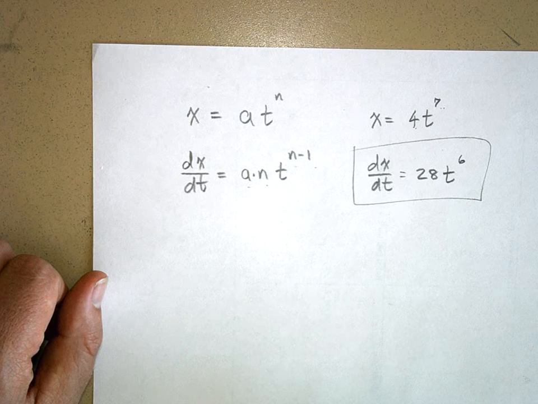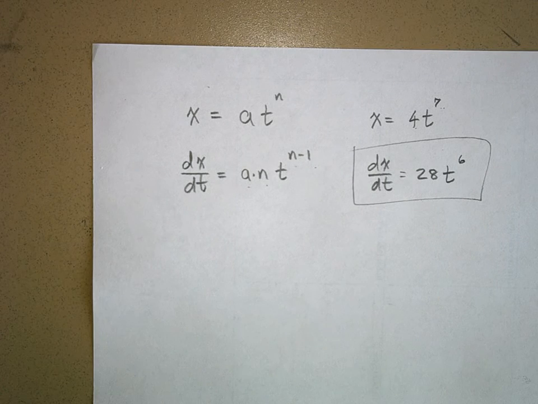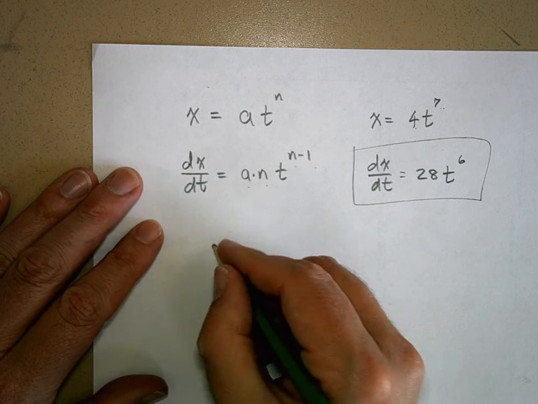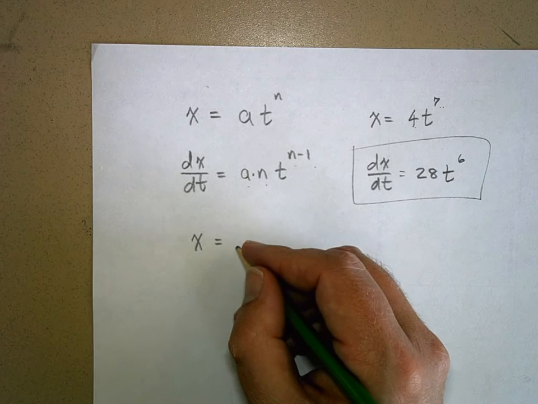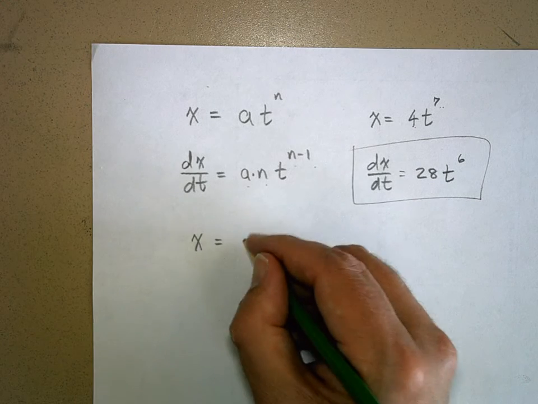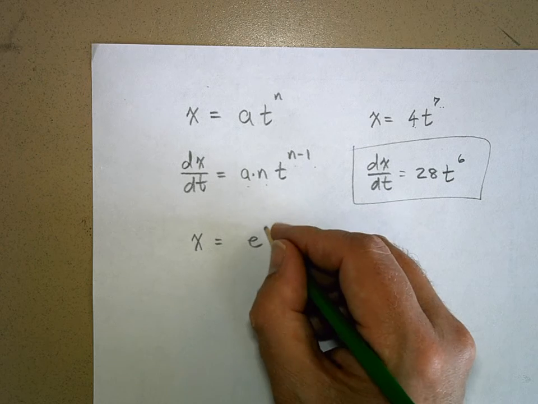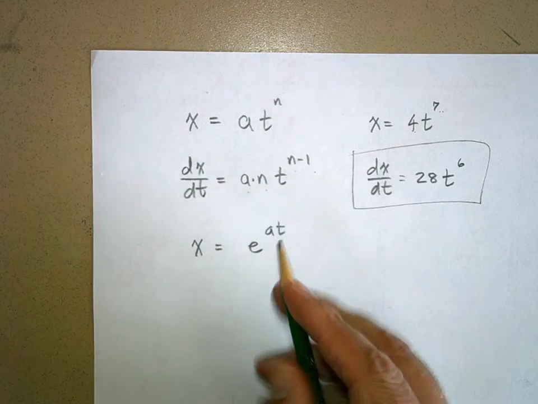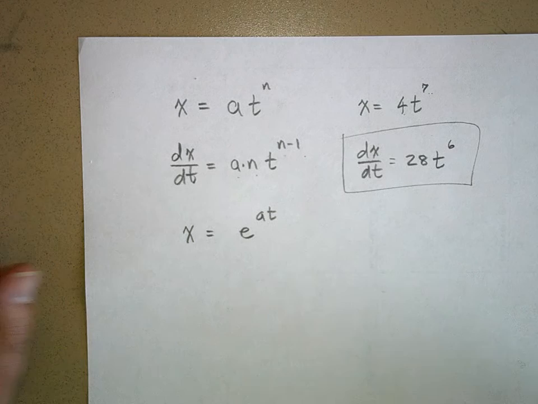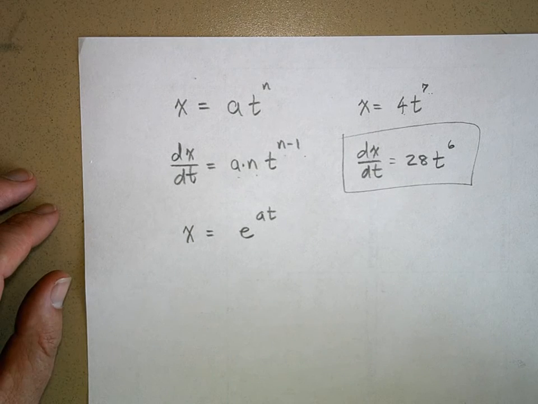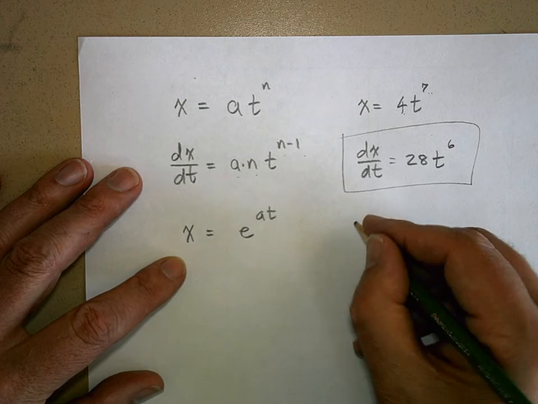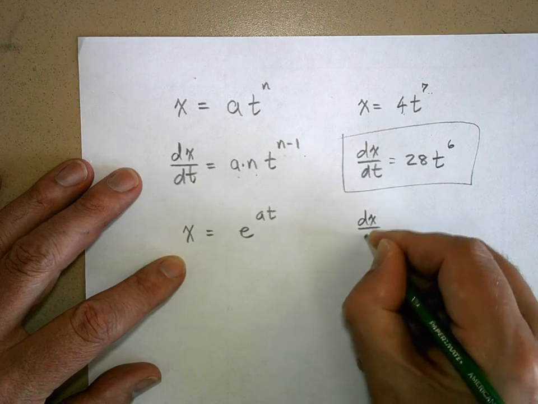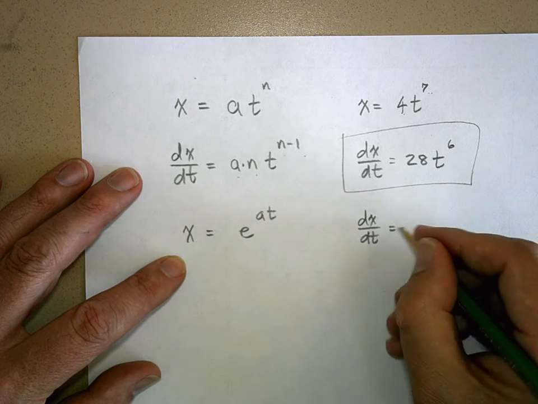Okay, there is another mathematical expression. x is equal to e to the a times t. Anytime you see a in this, it's a constant. This is the exponential function, which is kind of cool. dx/dt is just going to be a times e to the at.